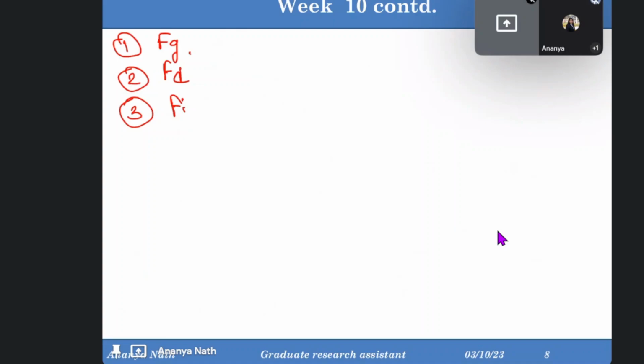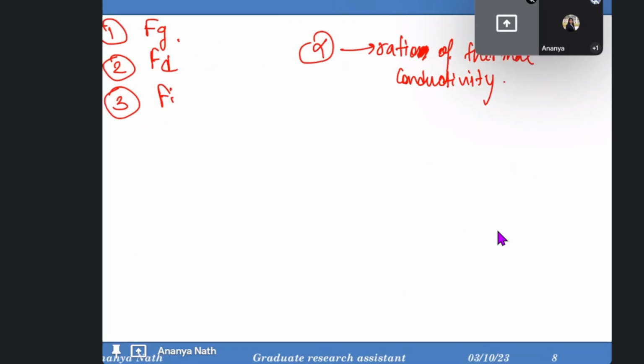Again, the alpha value is important. Alpha is the ratio of the thermal conductivity of the two materials, Km by Kp, and depending upon alpha, the interface geometry can be either like this, like this, or like this.